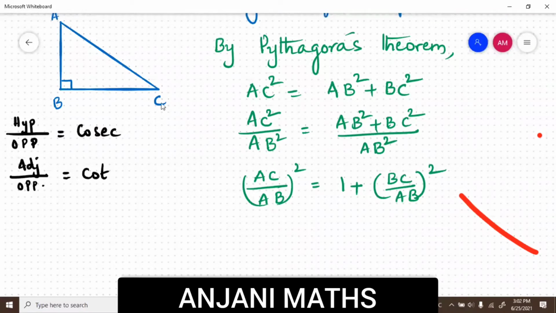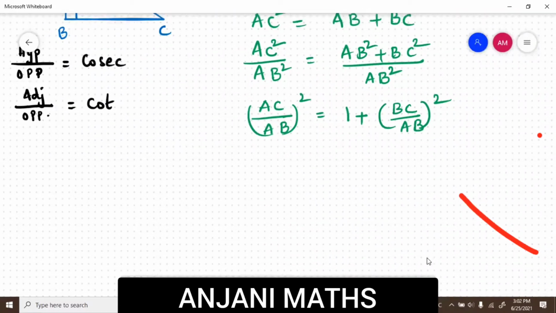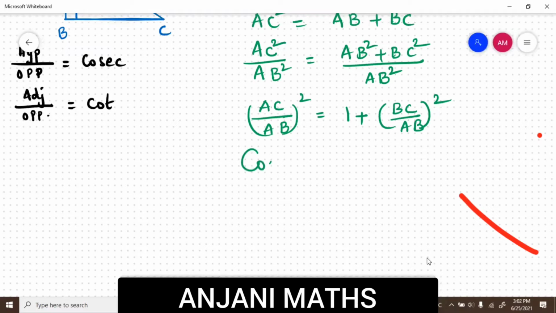So replace them. AC by AB, its hypotenuse by opposite side to C, will be cosecant C. Cosecant C whole square is equal to, what is this? 1 plus cot C whole square.